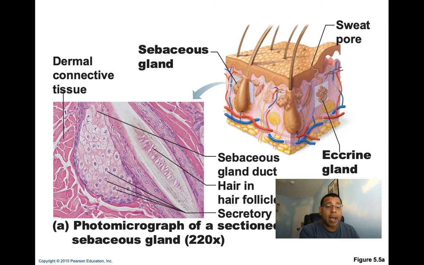Next then we have our apocrine sweat glands. Now when we talk apocrine sweat glands, there's only around 2,000 of these glands, and they are larger than the eccrine glands.